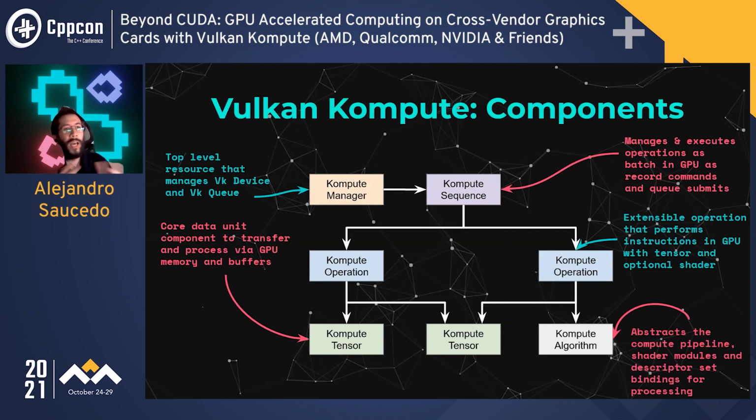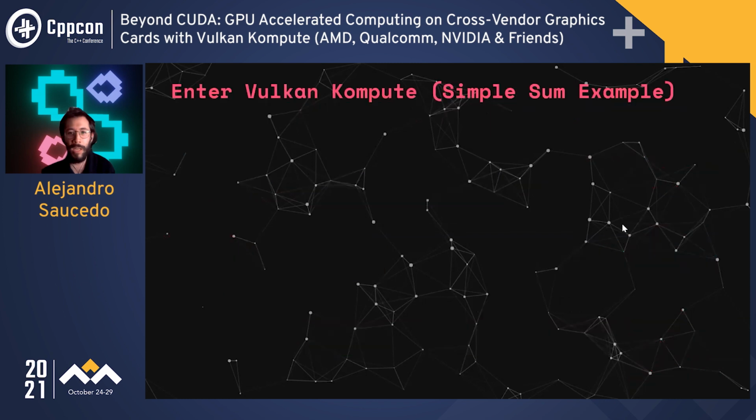So you can see here that we have abstracted some of the core underlying components into higher-level compute-specialized terminology that we're going to be leveraging as we delve into the examples.